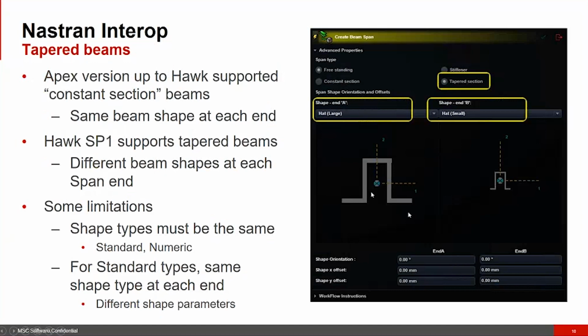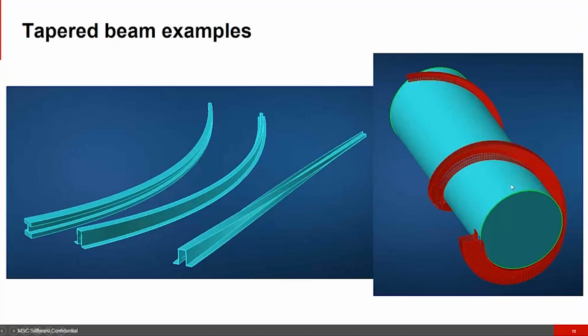For example, a hat section should be a hat section at both end A and B, whereas the parameters could be different, and it can be of any orientation, meaning it can be a curved beam or a twisted beam, so long as the shape at the ends remains the same.